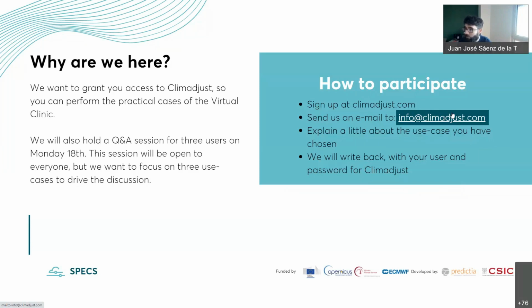We will then go to your user, activate your user for the advanced capabilities of Climadjust, so you have more computing hours and access to API and as well to the validation features.